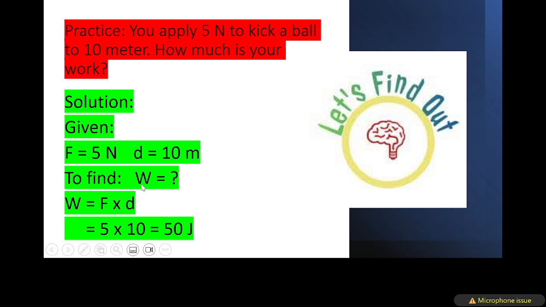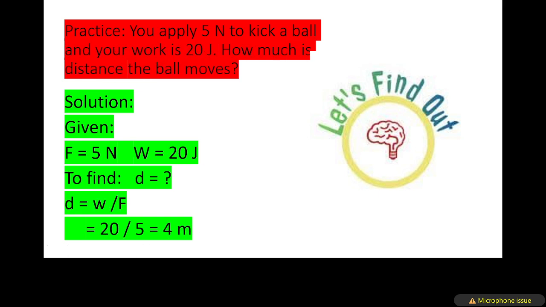What to find? W, which is work. Write the formula W equals F times D. Put the numbers. F was 5, D was 10, which gives you 50 joule. This is the answer.